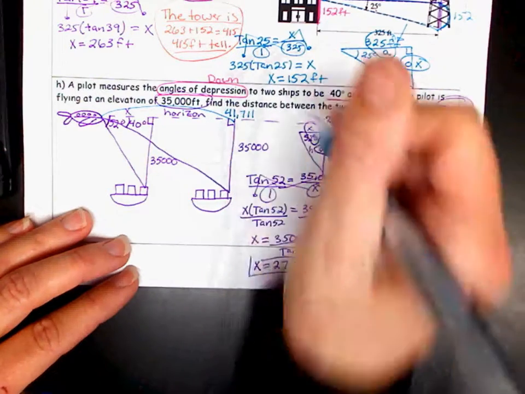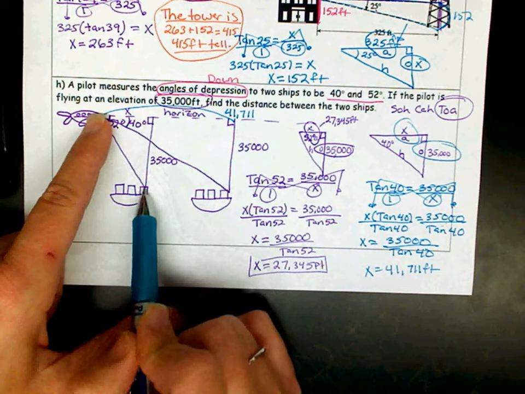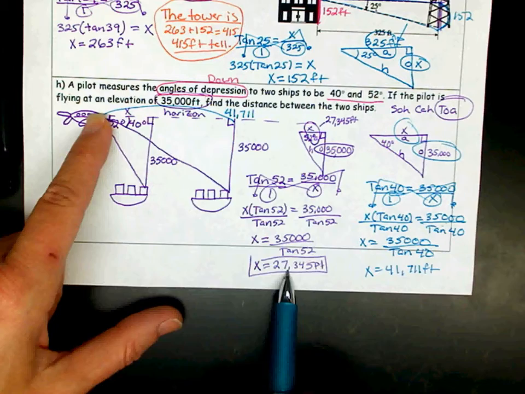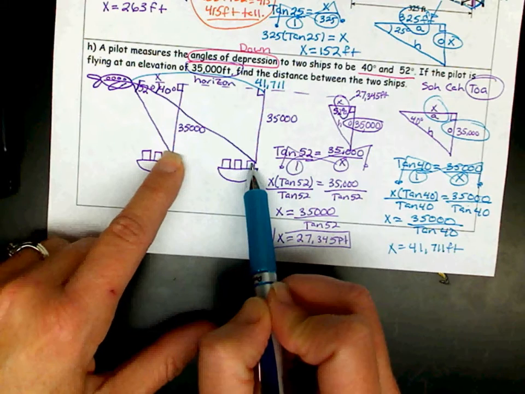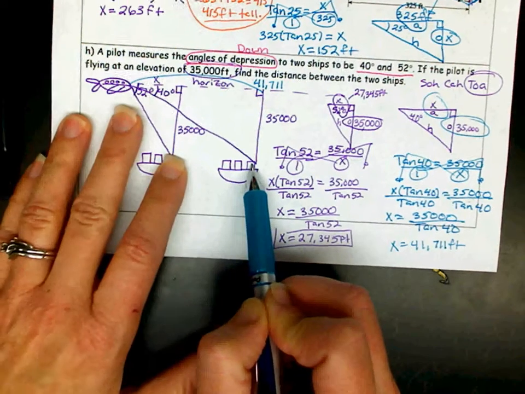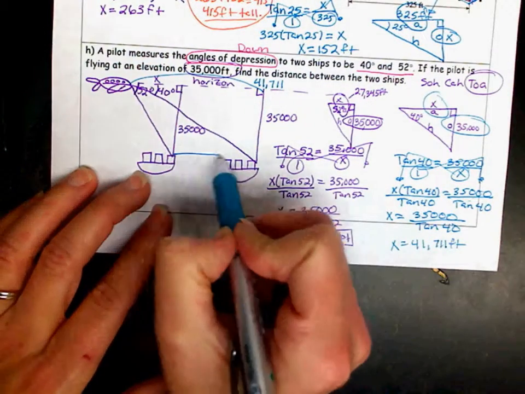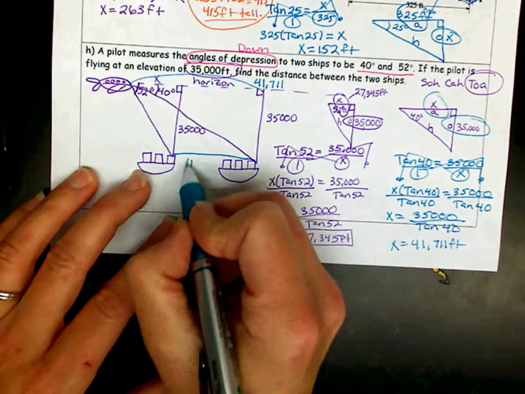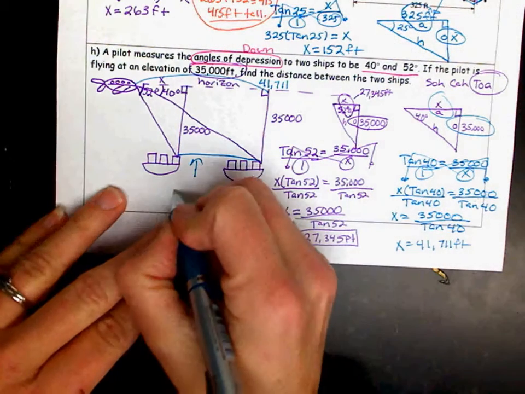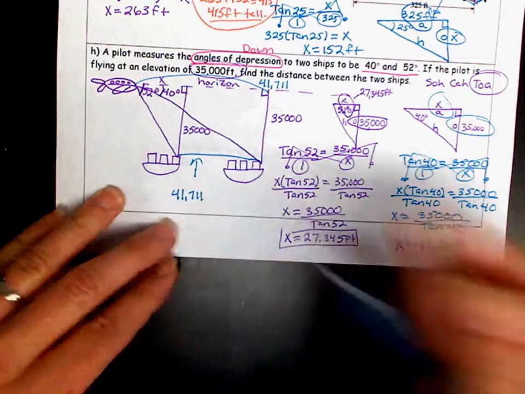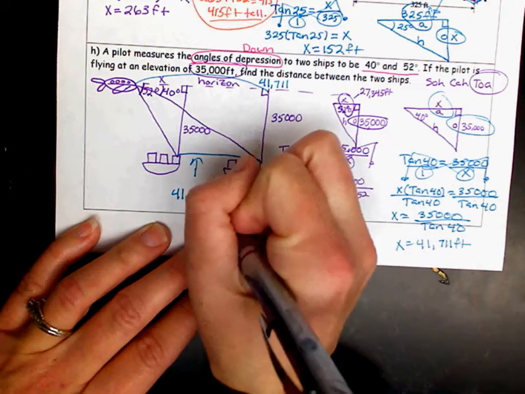Okay, if I just take away the 27,345, then I'm remaining with the distance between the two boats. Does that make sense? So we're going to subtract these two to find the distance between them from here to here. It'll be the 41,711 minus the 27,345.